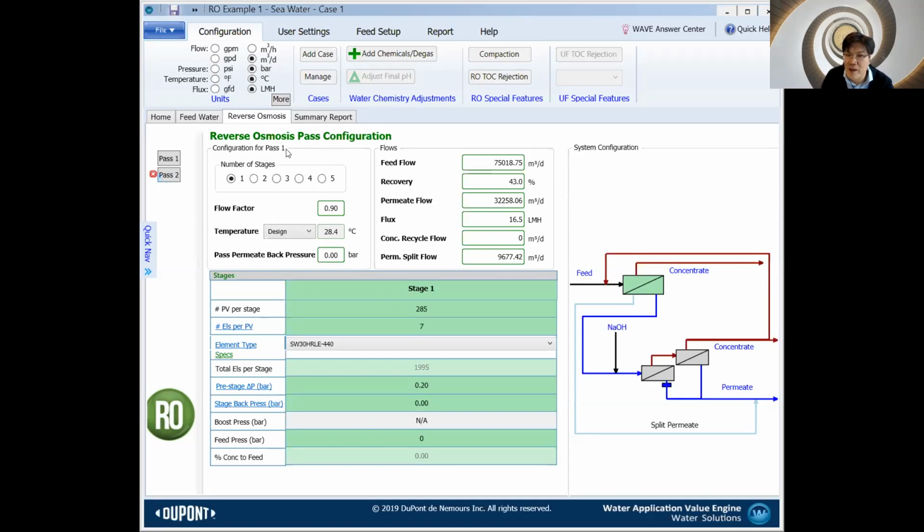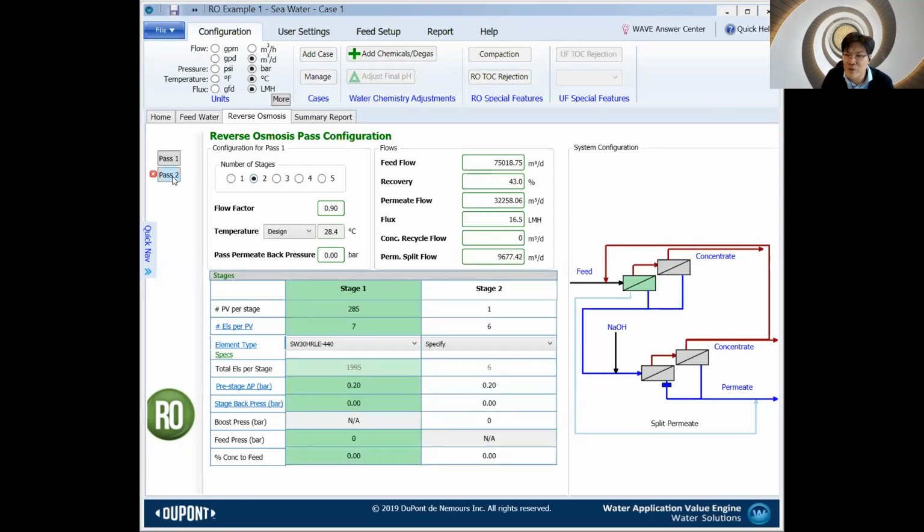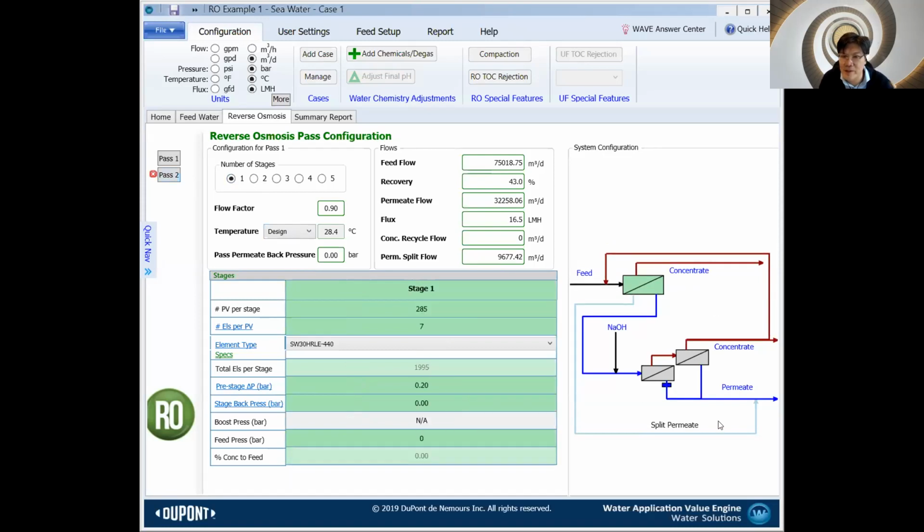We recommend a maximum of 2 stages and a maximum of 2 passes. That's the very typical way of design, rather than 3, 4, or 5 stages. It's unrealistic unless you have a very extraordinary reason. So make sure it is a maximum of second stage and second pass in your assignment 3, which is the very typical way of seawater desalination plant design.